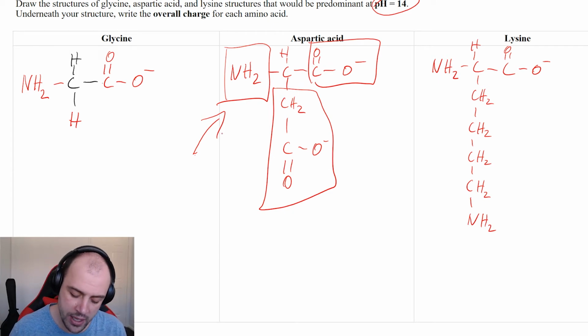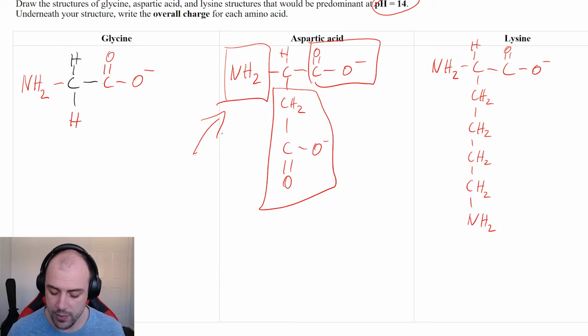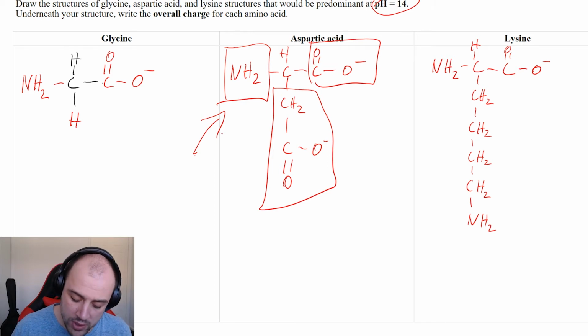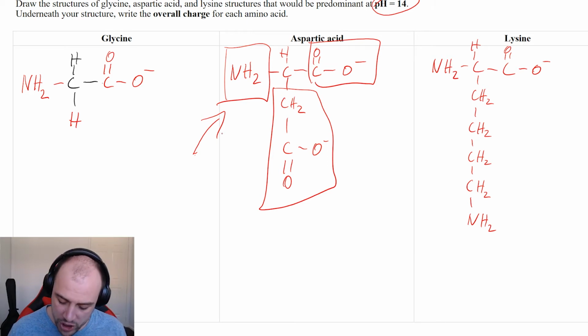And of course, the carboxylic acid and the R group, which is also a carboxylic acid, are all going to be deprotonated. Lysine, I'm sure you get the drill now, they're all deprotonated, especially because this is just so alkaline. Our quaternary ammonium group has lost that positive charge, and with lysine as well, it has also lost that positive charge in its R group down here.